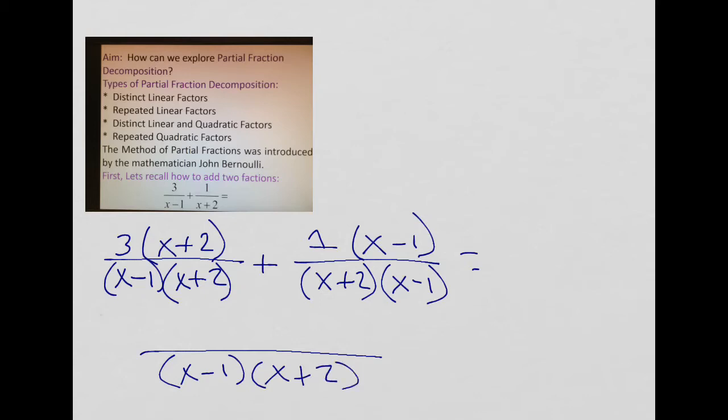And our numerators we can now add up. So we have 3. I'm going to distribute it. This isn't so bad. So we're going to make a common denominator, and x minus 1 cannot go into x plus 2. X plus 2 cannot go into x minus 1. So both of them as factors are our common denominator.